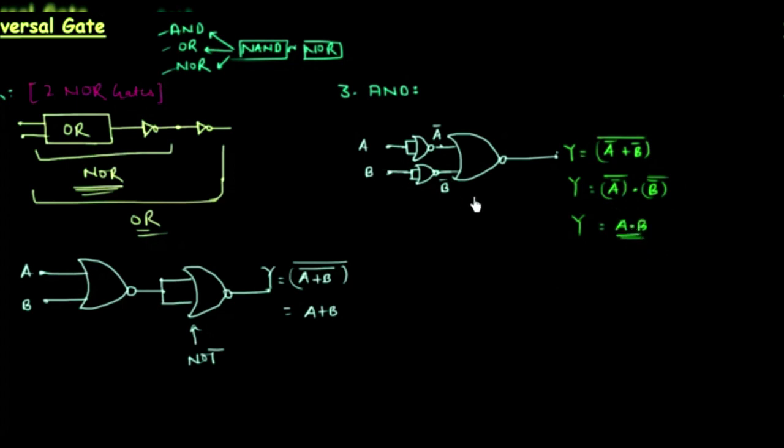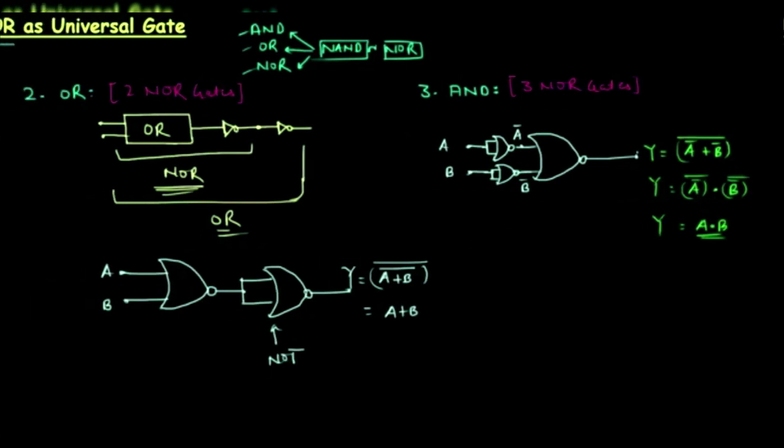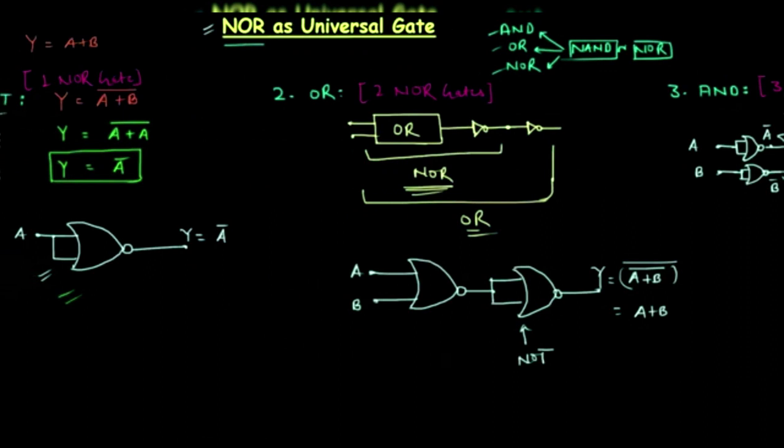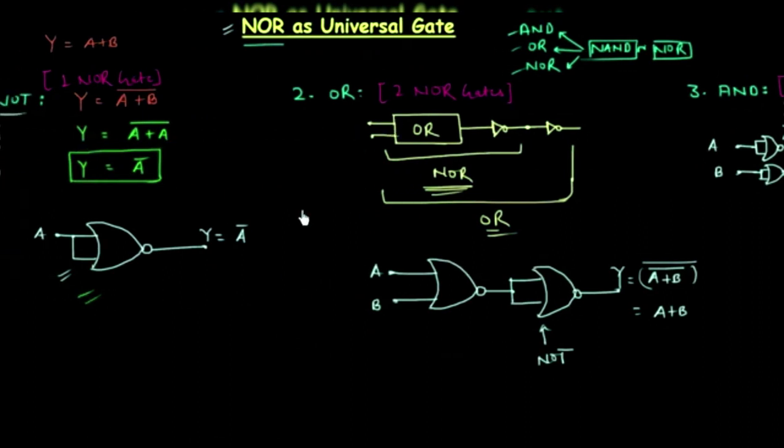So this is how we obtain the AND gate by using three NOR gates. So we require three NOR gates to implement the AND gate, and you can see we have implemented the three basic gates, AND, OR, and NOT. So we can say that NOR is a universal gate. We can implement any digital system by using the NOR gate only.